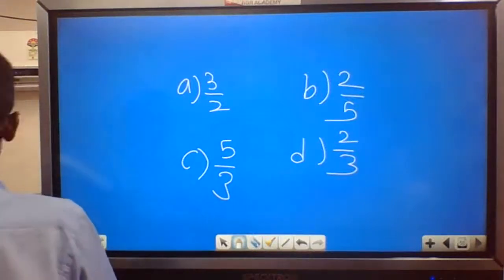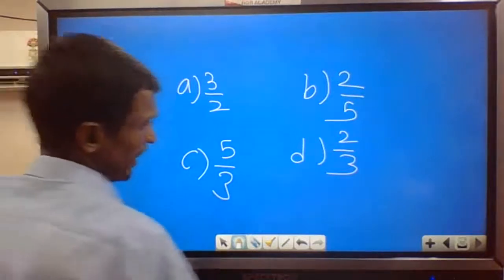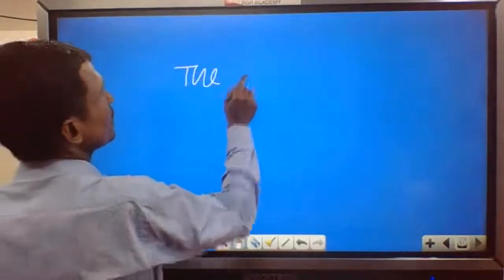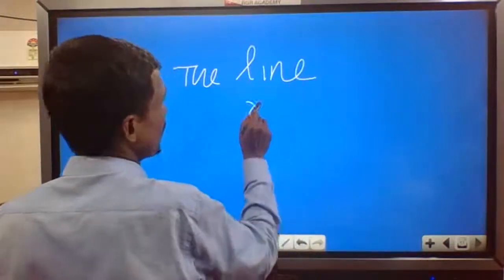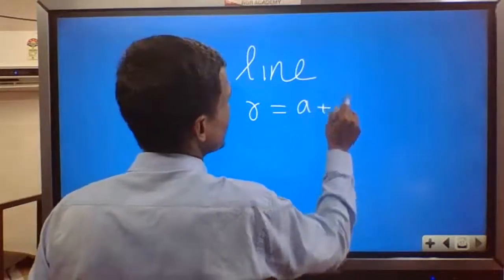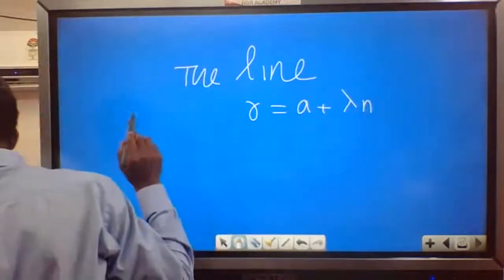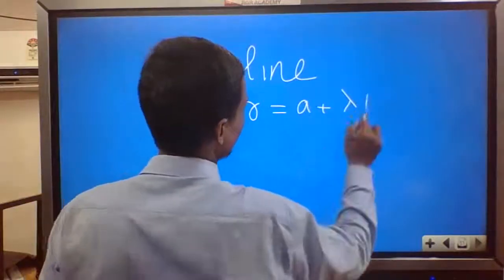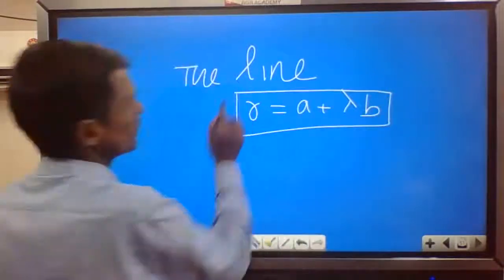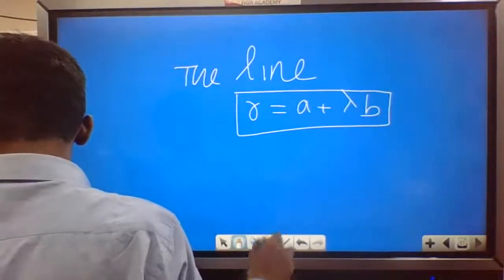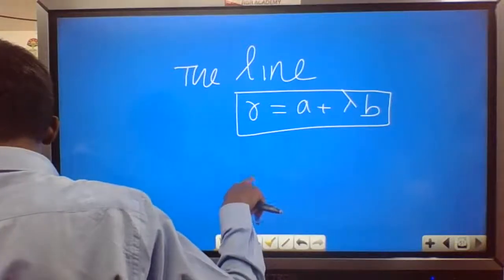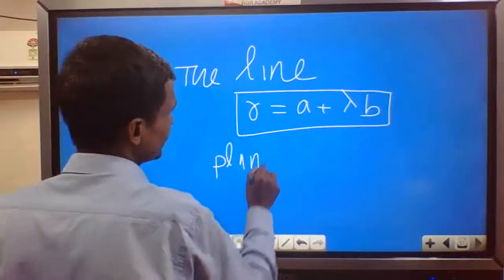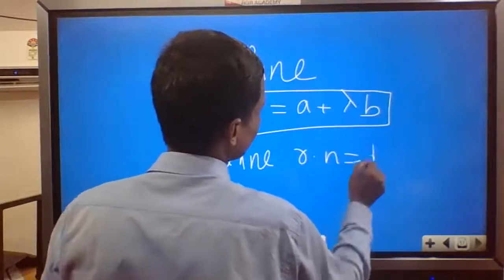How to write the line? The line should be r equal to a plus lambda b. Generally that is how to write the line. And then what is the plane? The plane should be written r dot n equal to d.